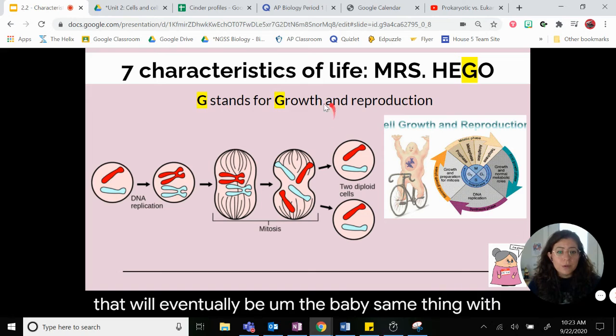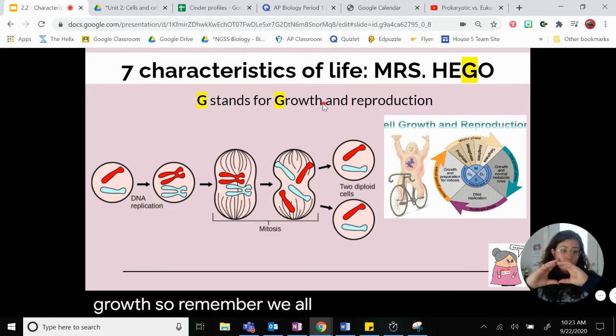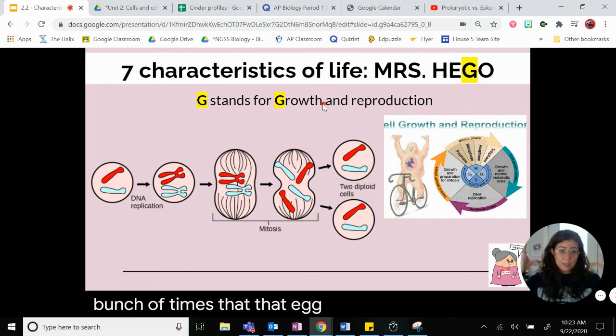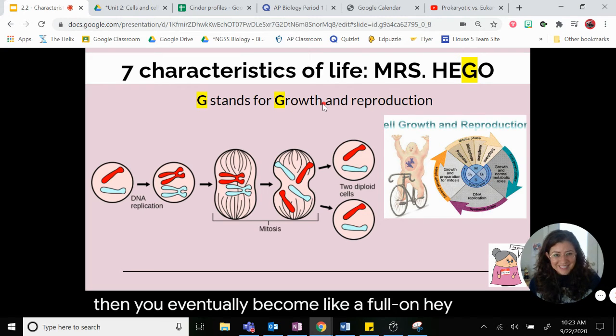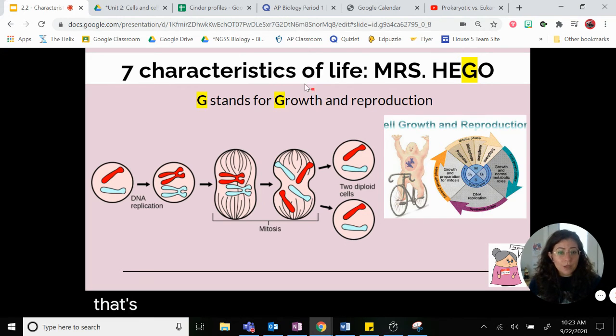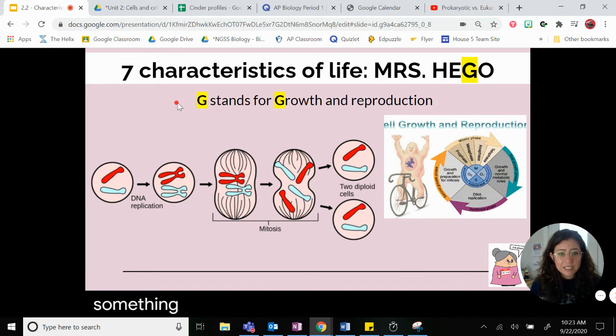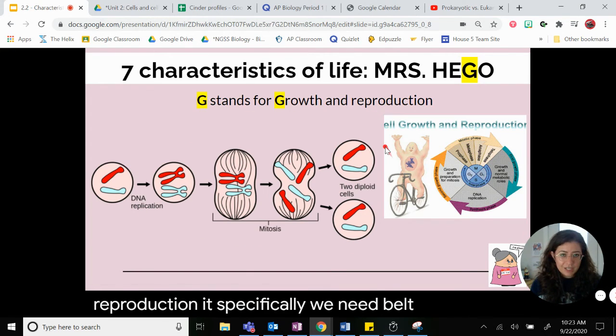Same thing with growth. We all start from one single fertilized egg, and then that cell divides a whole bunch of times, and you eventually become a full-on human, right? So that's growth, and growth just means cells dividing. G stands for growth and reproduction, and specifically we mean cell division.